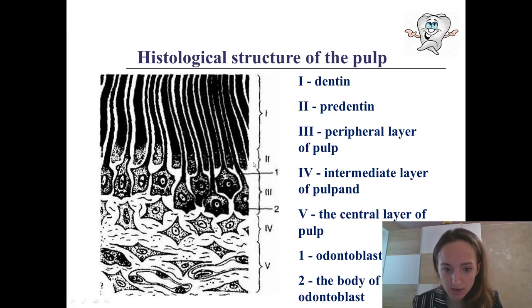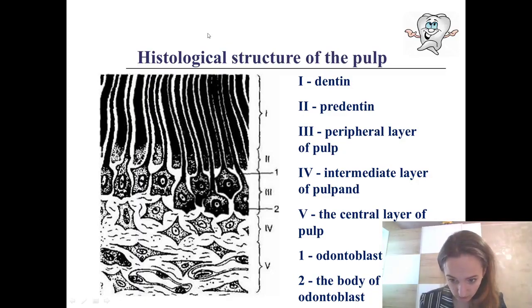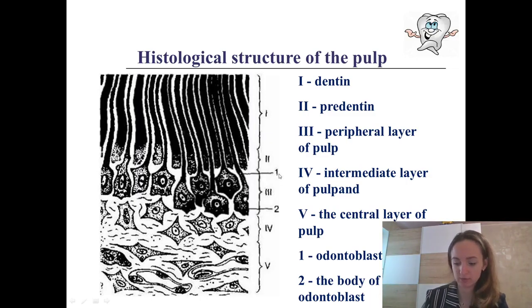First is dentin, second predentin layer, then peripheral layer of the pulp, intermediate layer of the pulp, central layer of pulp, okay, and here is the odontoblast process and the body of the odontoblast.